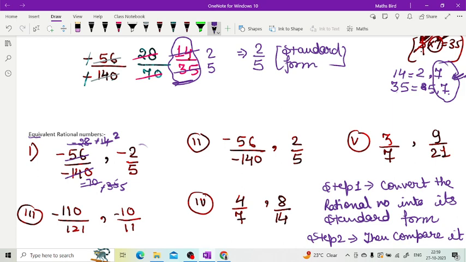Now the question arises, what is a prime number?